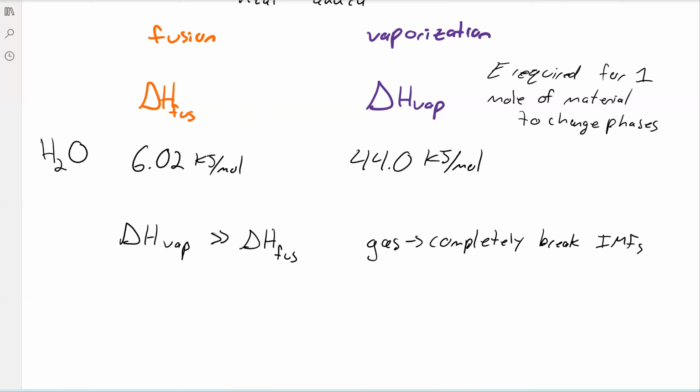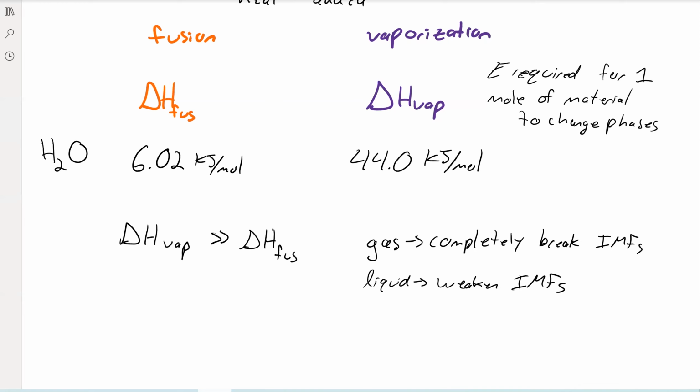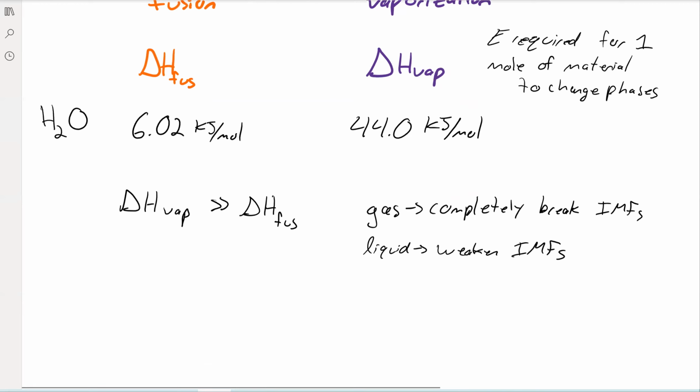Because in a gas, there basically are no intermolecular forces. The molecules are too far apart to interact with one another. Whereas when we're going from a solid to a liquid, all we have to do is weaken these intermolecular forces, right? Both solids and liquids still have plenty of intermolecular forces. They're still interacting with one another. The only difference is that in the liquids, the intermolecular forces have been weakened. So now the molecules are allowed to roll around one another.